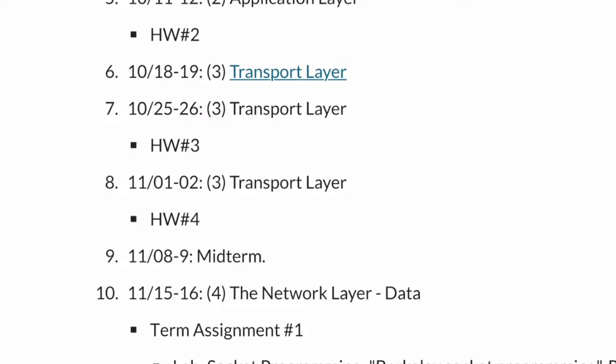You can simply answer those questions on a Google form. One important thing is that because we have the exam, the due date of homework number 4 must be earlier. It will be next Monday at noon.